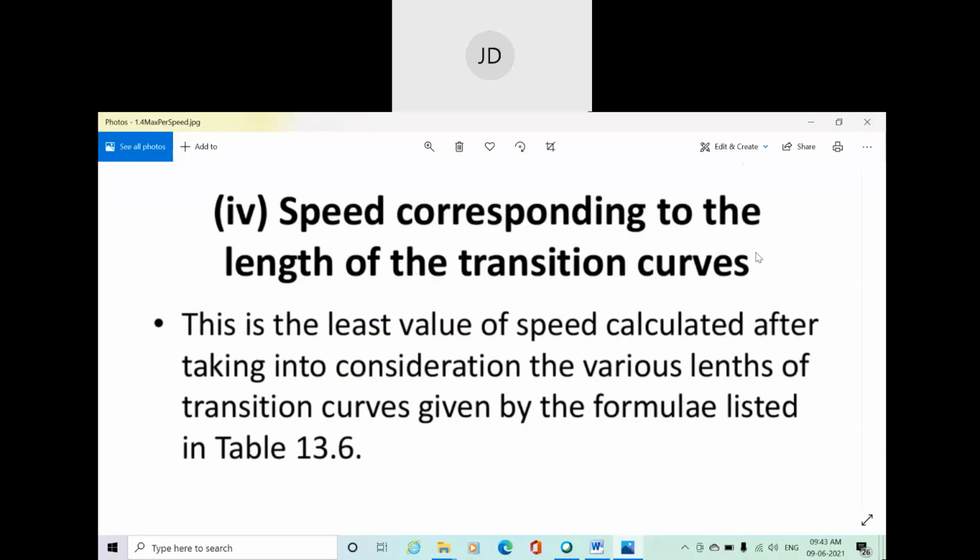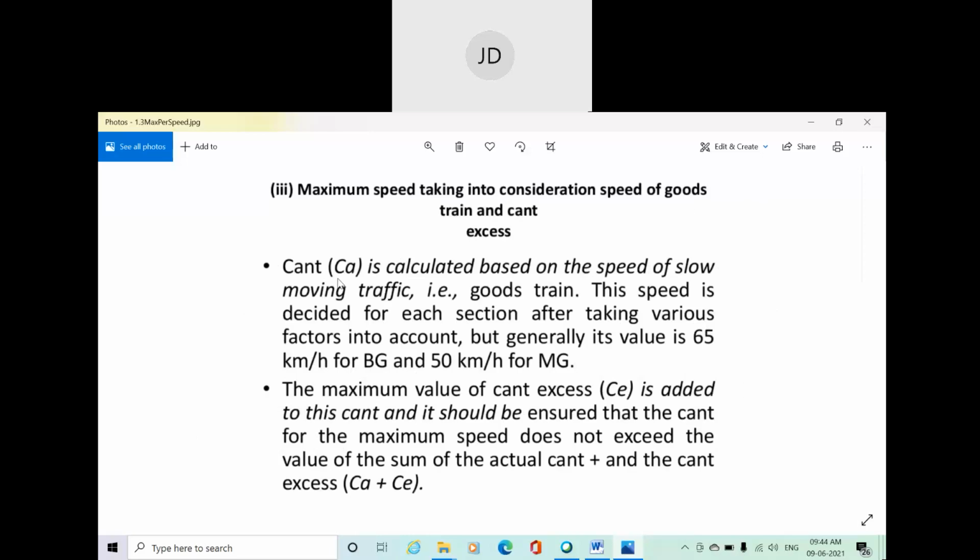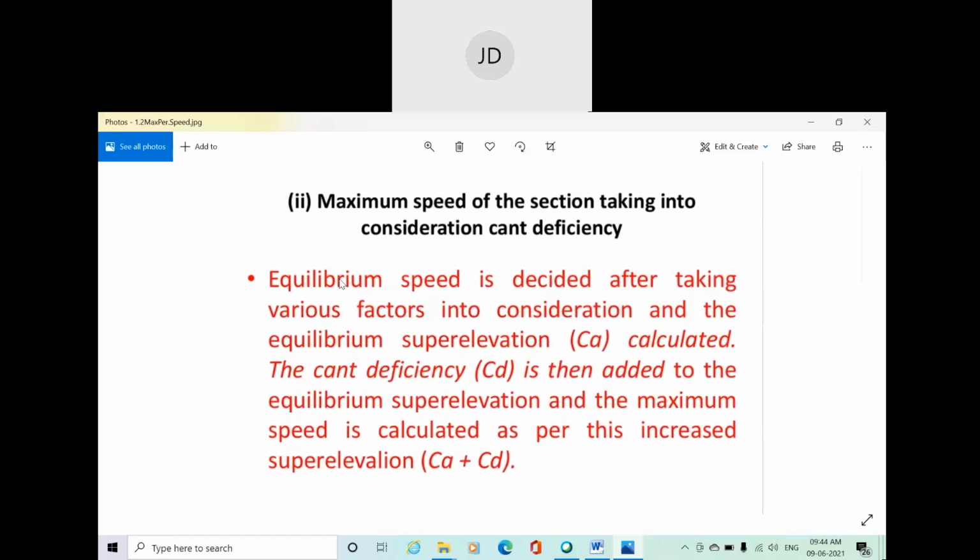And finally, the speed corresponding to the length of the transition curve. So based on these four factors, we first find the speed of the train, and then find which one gives the smallest value. That one will be your maximum permissible speed.